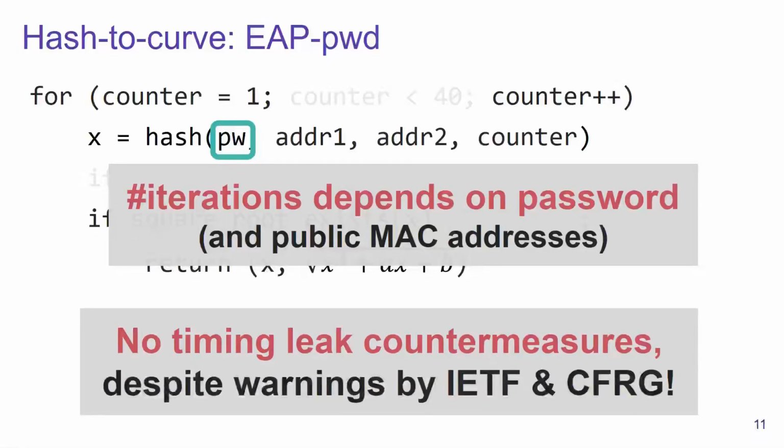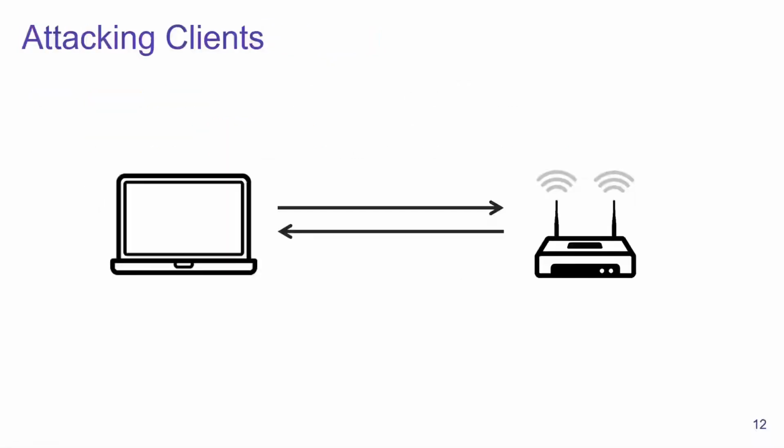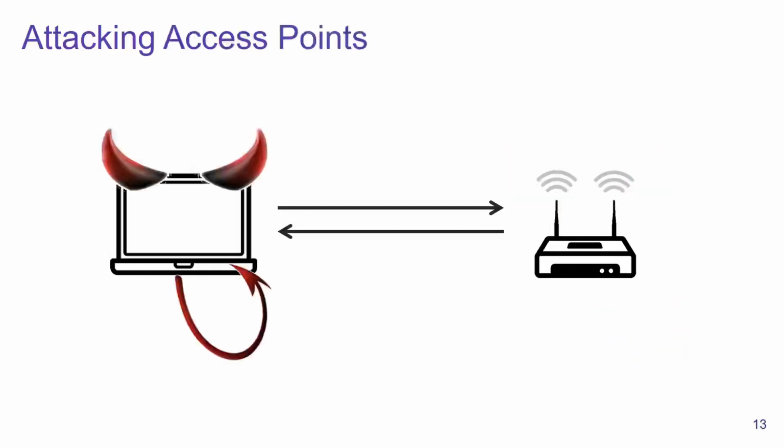So how can we recover the password based on the number of iterations that are executed? Well, we have two attack scenarios. The first attack scenario is that we can act as a malicious access point and we can induce clients into connecting to us, or we can pretend to be a malicious client and attack an access point.